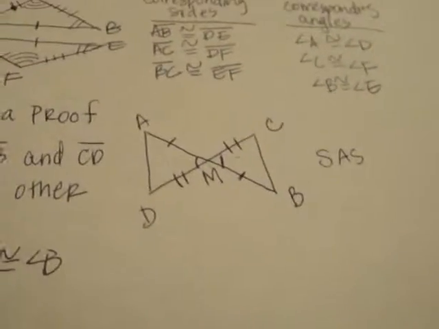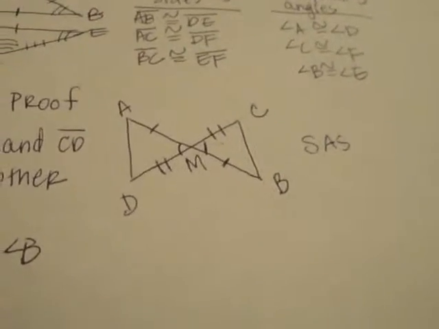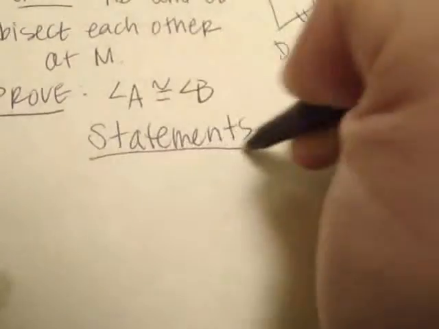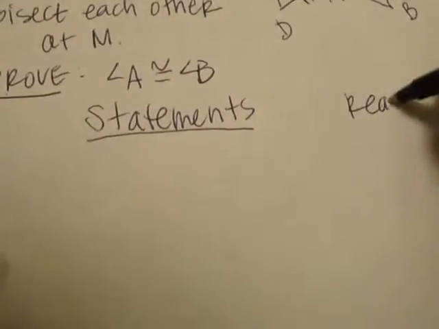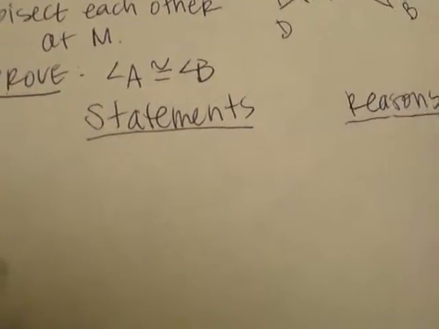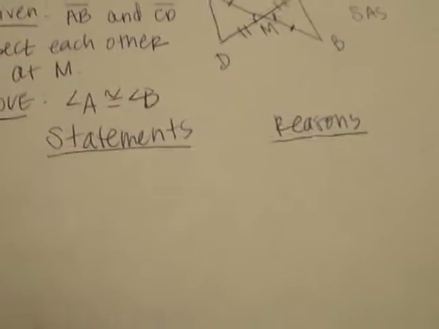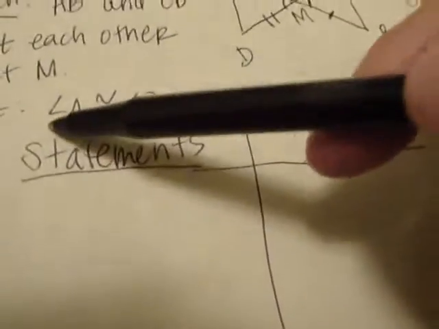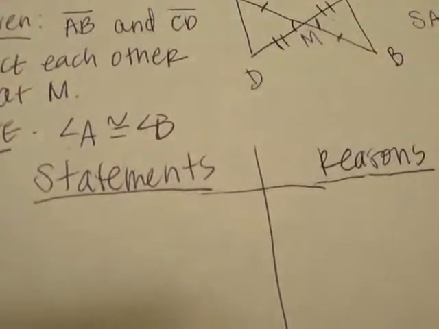So I'm going to write this proof, and I just want you to copy this down and follow along. Just like we set up all our other proofs, we do our statements on the left side and our reasons. And again, we're trying to build up a case for why angle A and angle B are congruent.